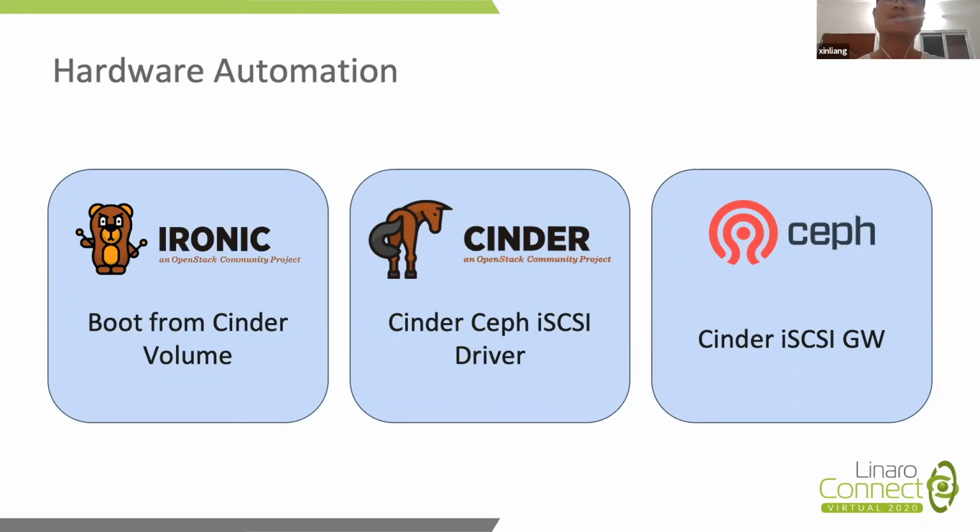In the middle, Cinder has a Ceph iSCSI driver to communicate with the Ceph iSCSI gateway. And at last, Ironic calls the Cinder API to fetch the Cinder volume connection information and attach it to the bare metal machine.